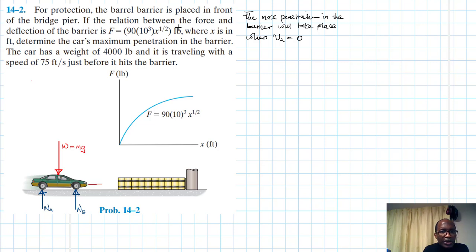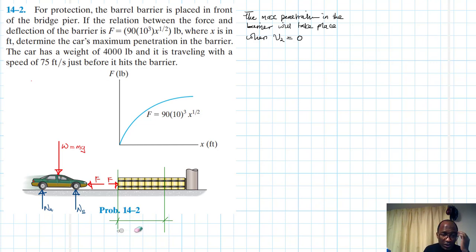So we'll have a reaction force immediately the car hits this barrier, and this is F. Let's say this is the point where the car comes to a stop.